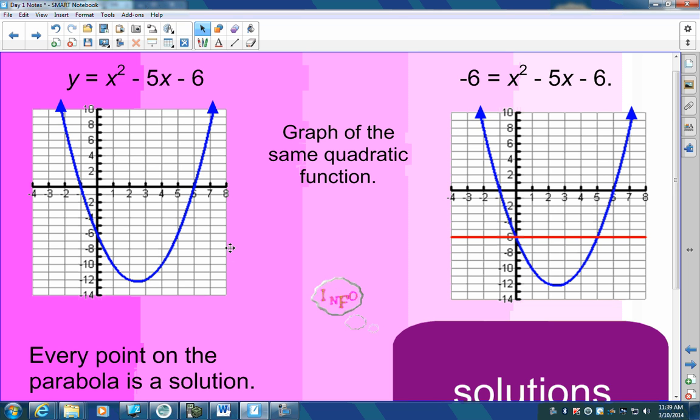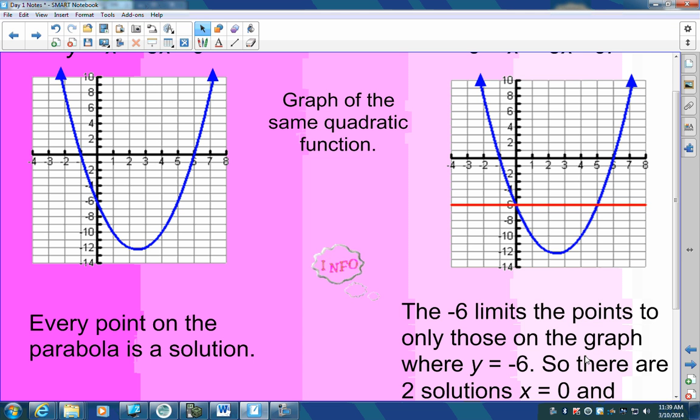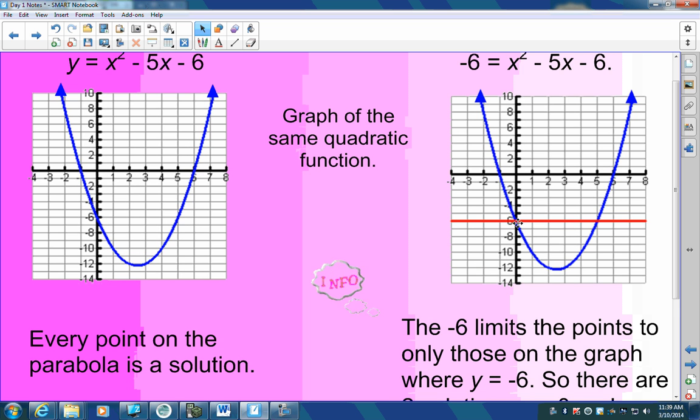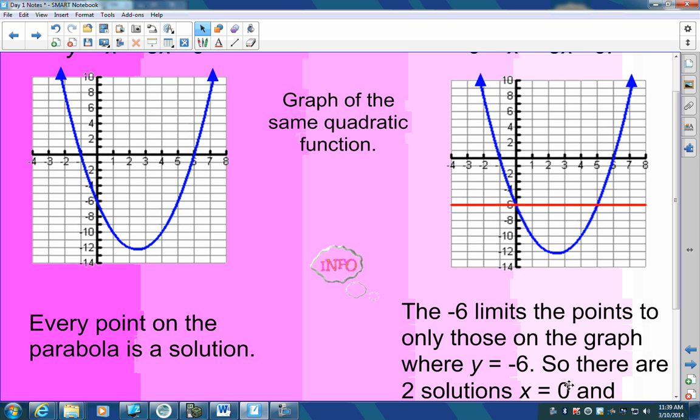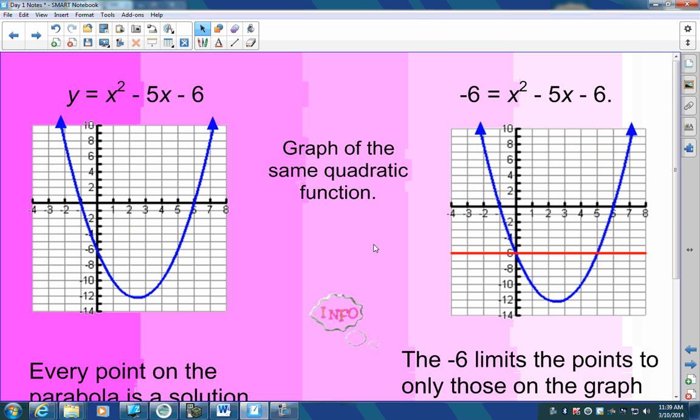It doesn't tell me any specific ones. Now, the one on the right limits the points to those where y equals negative 6. So my solutions to the one on the right are only 0 and 5. But when they ask for solutions, if they don't give you a specific number, that means it's all of them.